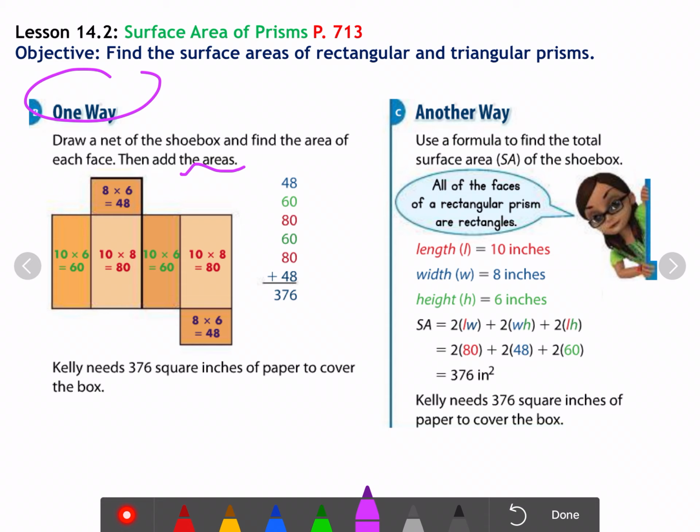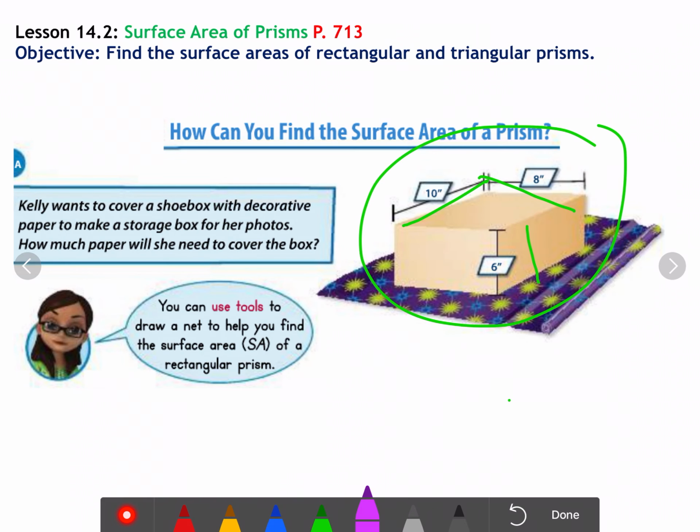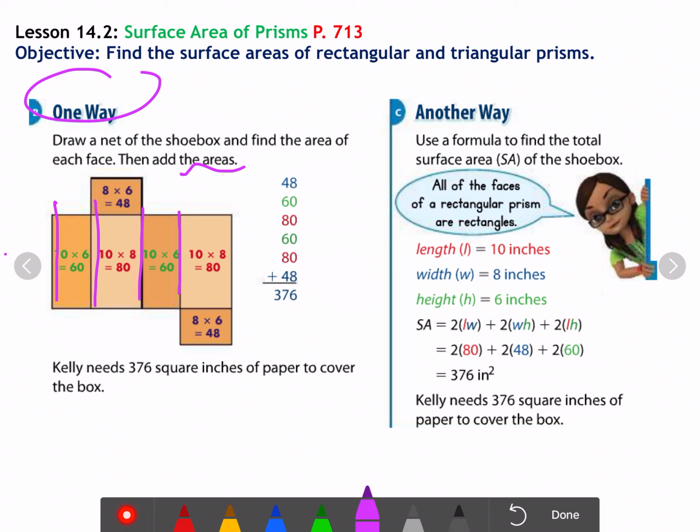When we draw the net, as I mentioned, the length will be 10, the height will be 6, and the width will be 8.